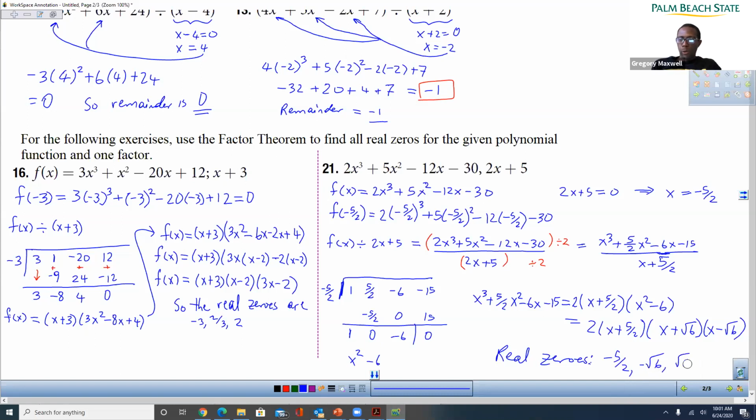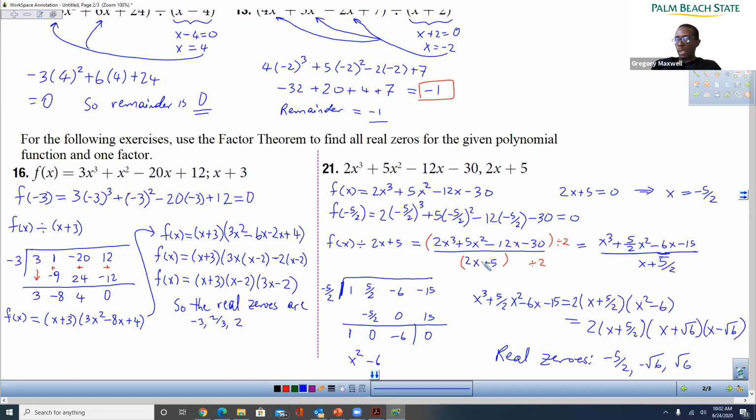All right, so let me just quickly review what I just did. First of all, this is a linear factor. So I set this factor equal to 0 and solve for x. Then I plug that into the function to check if it gives me 0, which it did. Then I said, that means I can divide this polynomial by this expression.